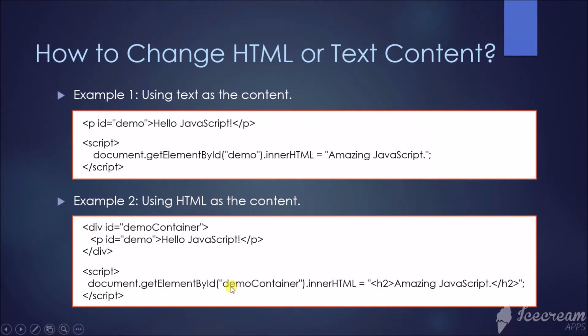So mangyayari, selecting that container, it will overwrite yung mga content na nasa loob. Therefore, instead na paragraph, yung malalagay na is yung heading tag, which is yung H2. Okay? So let me jump to my code para at least matry natin yung code na to kung ano ba talaga yung magiging output. Okay?